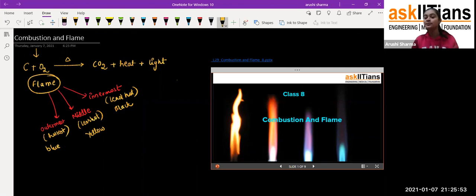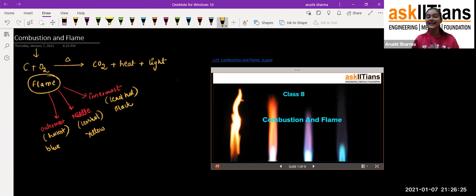Students, we came to know that water changes the ignition temperature of a particular material, whether it is wood or leaves. So the wet heap will not catch fire easily. Materials with a very low ignition temperature undergo combustion very easily. The wet leaves have some moisture in them, due to which they will not catch fire easily. So that is the combustion and flame which we have covered up till now.